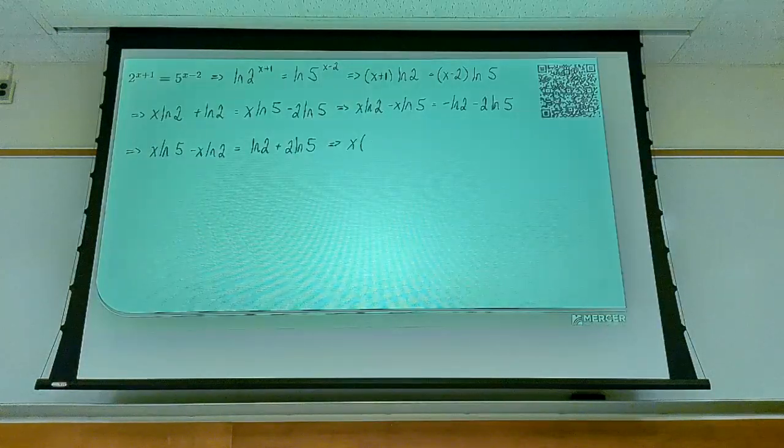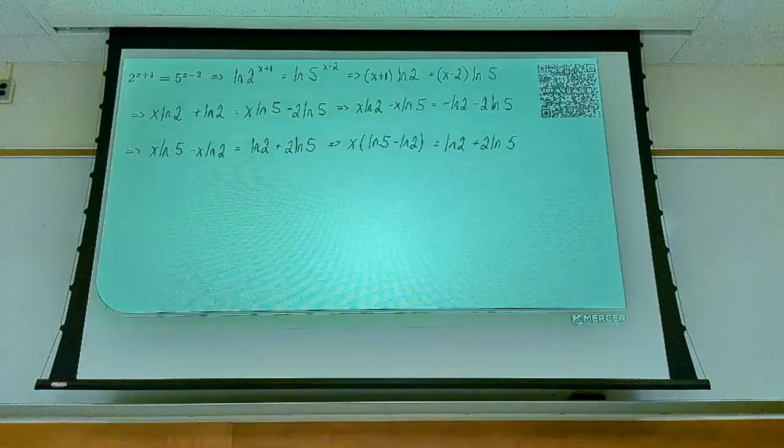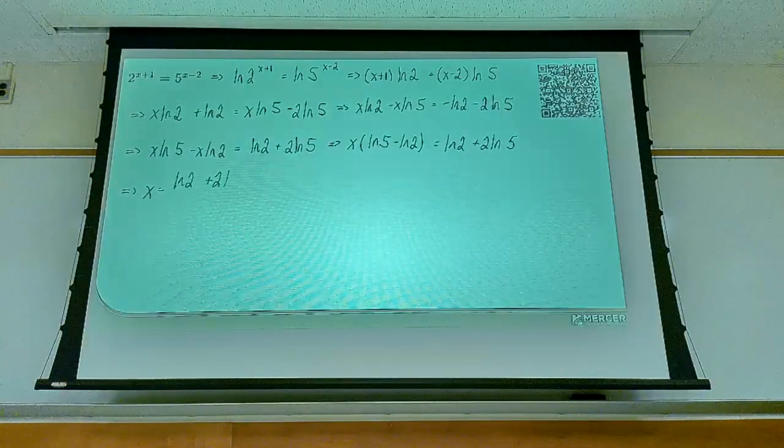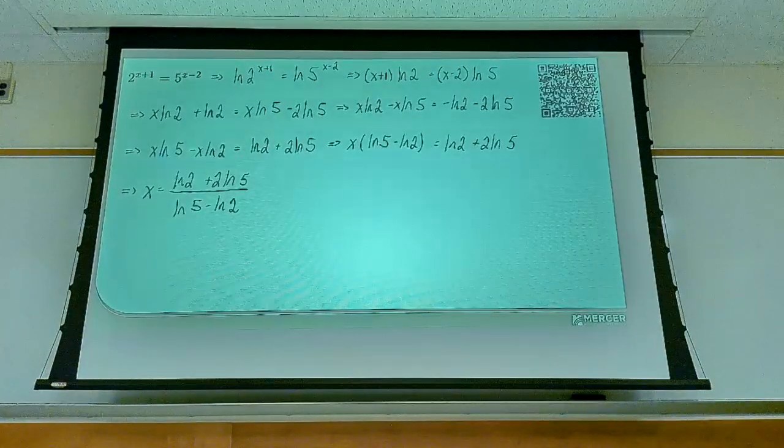Now factor out that x. And we can divide by that log 5 minus log 2.